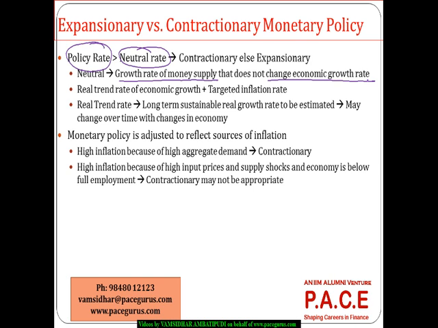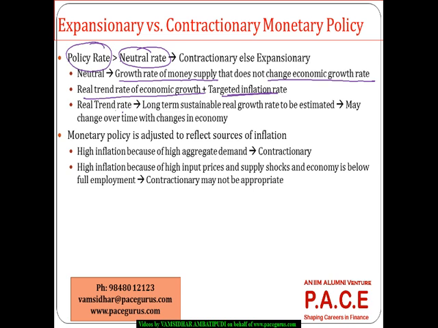So it is that amount of money supply on an annual or periodic basis which does not result in a fall in the interest rate, a fall in the economic growth rate, or a growth in the economic growth rate. More or less stable economic growth: whatever rate of money supply results in a stable growth rate is what we call the neutral rate, and it is typically expressed as the real trend rate of economic growth plus the targeted inflation.